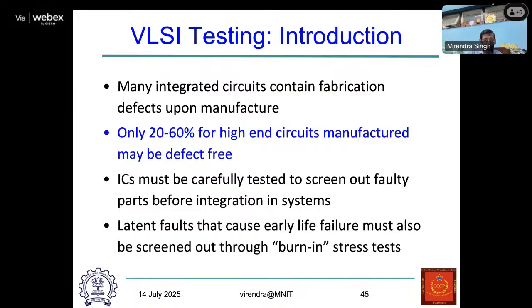So ICs must be carefully tested to screen out all the faulty parts before integration in the system.